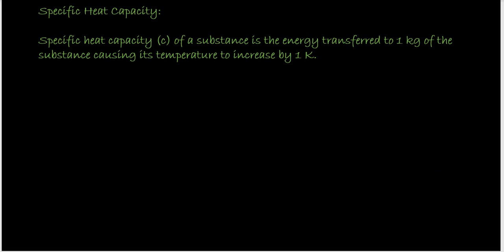Now let's talk about the specific heat capacity. As you all know, when you heat some substance, the temperature of that substance is going to rise. So let's say you take some water in a pan, and in one pan you have 100 grams of water, in another pan you have 500 grams of water. So definitely the 500 grams of water would need more heat.